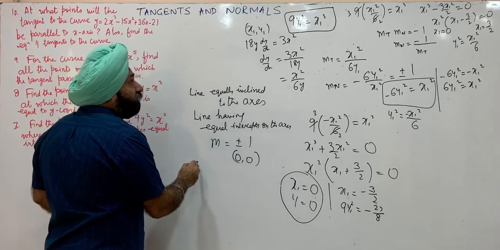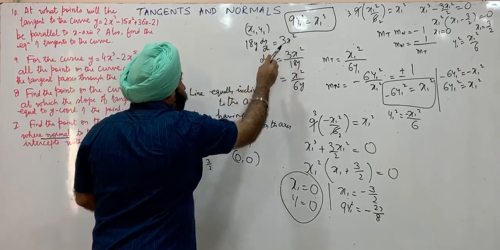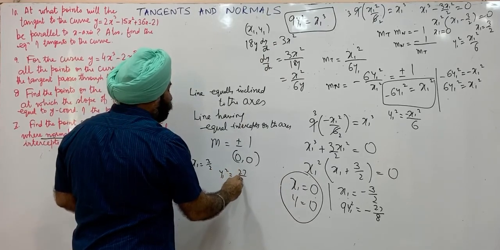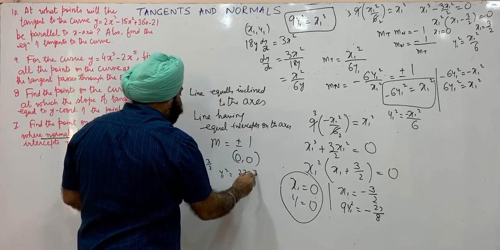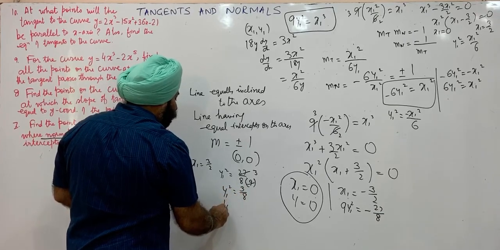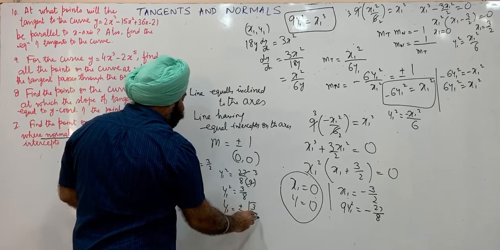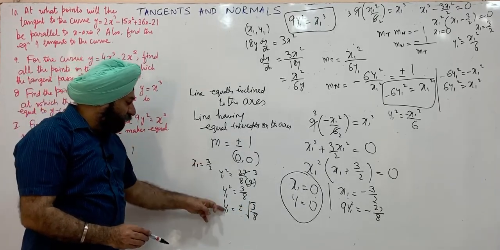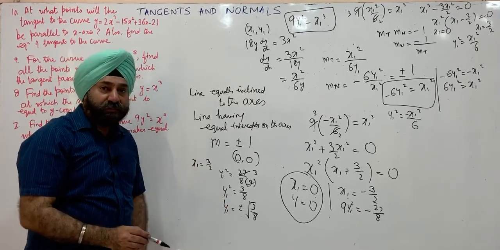When x1 is 3 by 2, y1 square is x1 cube, that's 27 by 8 divided by 9. This gives y1 square as 3 by 8, or y1 is plus minus root of 3 by 8. This gives us the second and third points: x1 3 by 2 with y1 positive, and x1 3 by 2 with y1 negative.